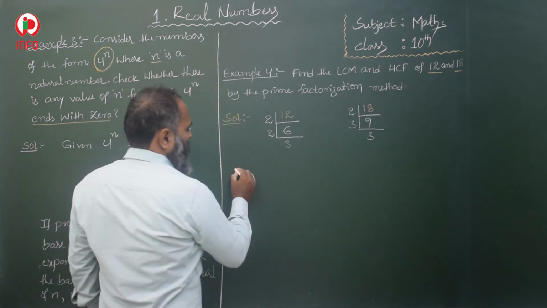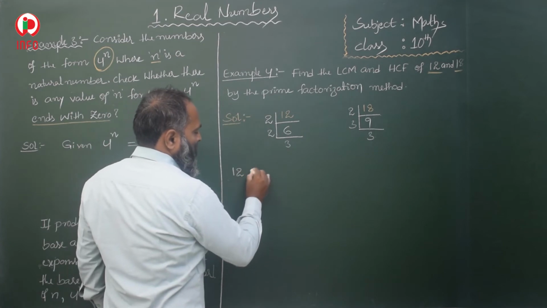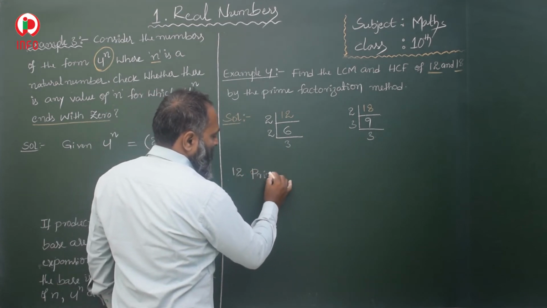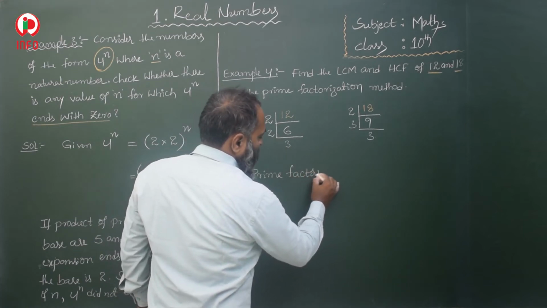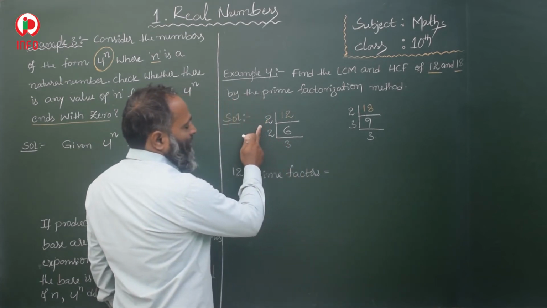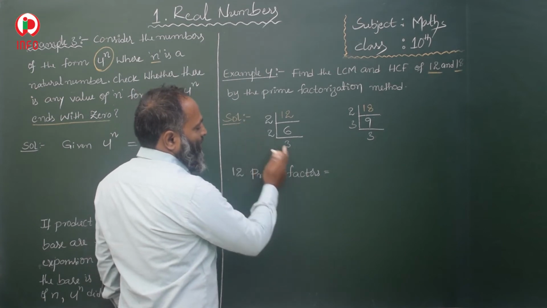Now the prime factors of 12 are a product of prime numbers: 2 into 2 into 3.